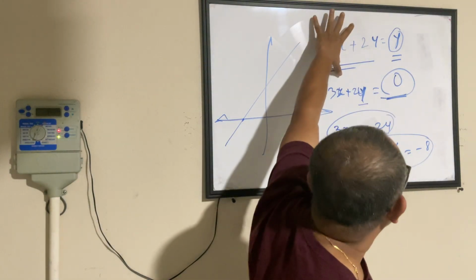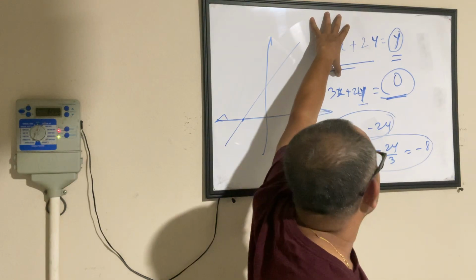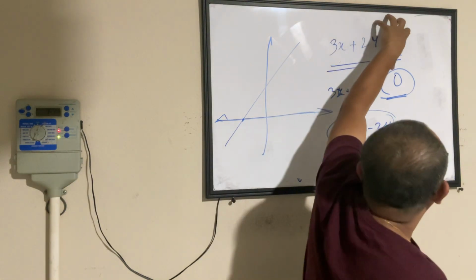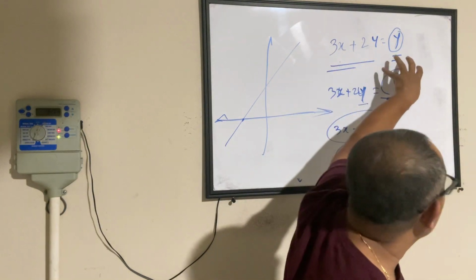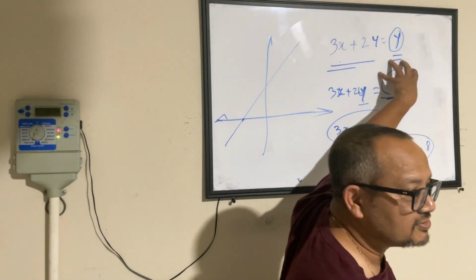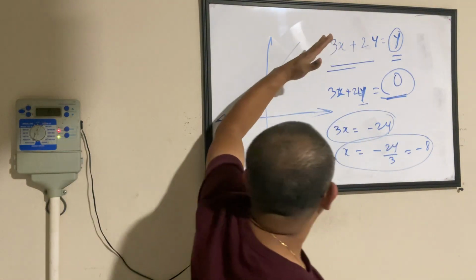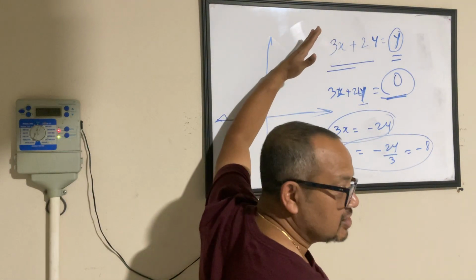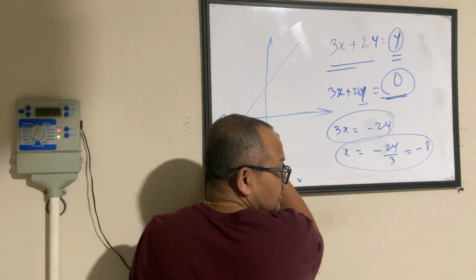What I'm saying is this is my linear polynomial. When I say 0 of a polynomial, what I mean is the value of this polynomial where y equals 0. Okay? And this is a linear equation that will draw a straight line in the coordinate plane. Where will it get 0? When it touches the x-axis.